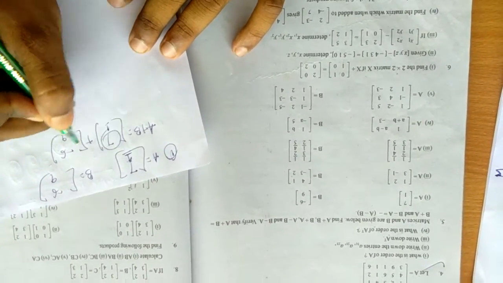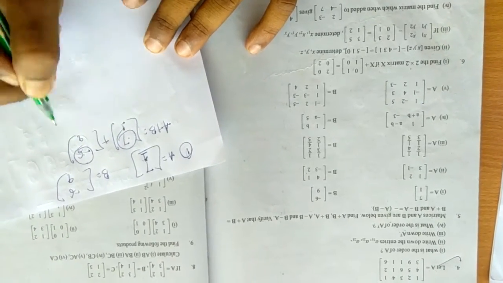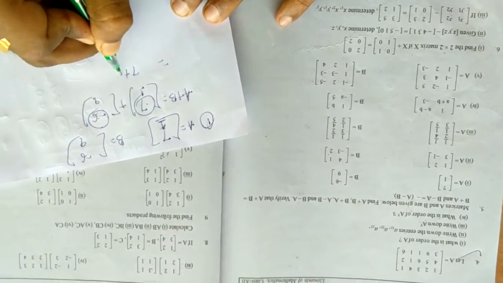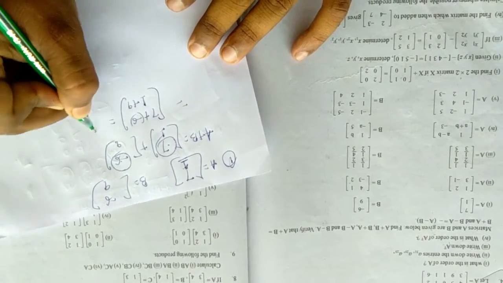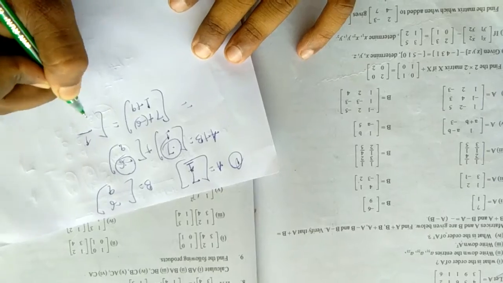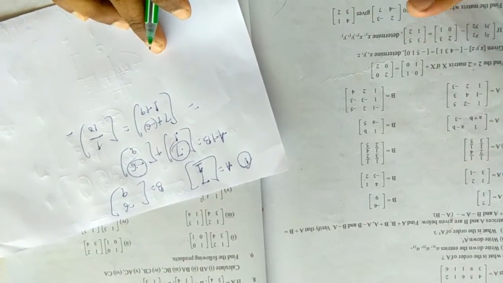You can add respective elements with respective elements, that is first with first and second with second, like 7 plus -6 is 1, 1 plus 9 is 10. Complete. Similarly, you can solve question number 5 yourselves.